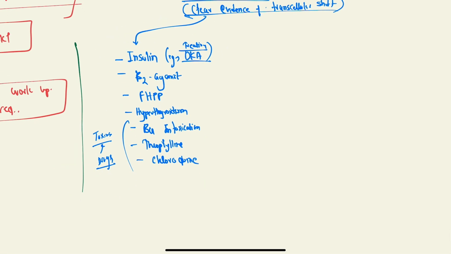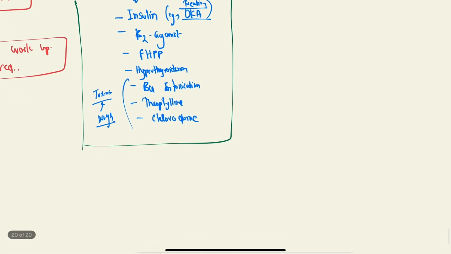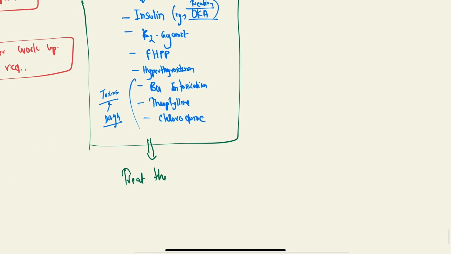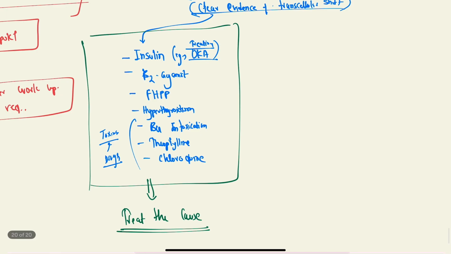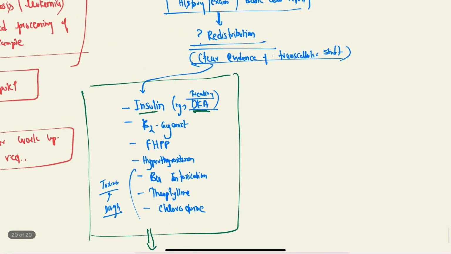If any cause of transcellular shift is there, then we treat the cause. If it is severe hypokalemia while treating DKA, then we should stop insulin and give a potassium supplement. Like this, we treat the cause of transcellular shift.